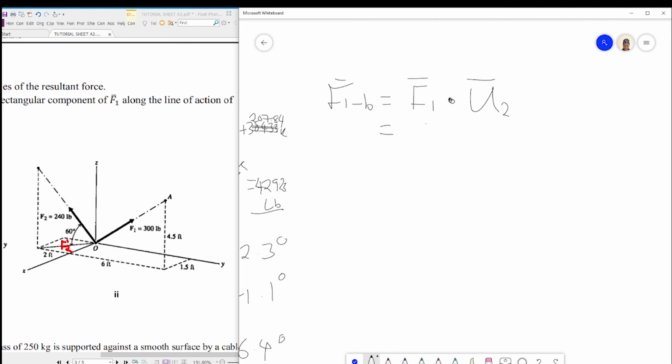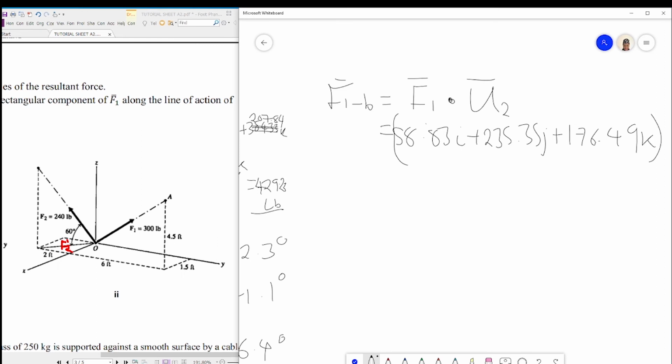So you have F1, which is 58.83i plus 235.35j plus 176.49k.